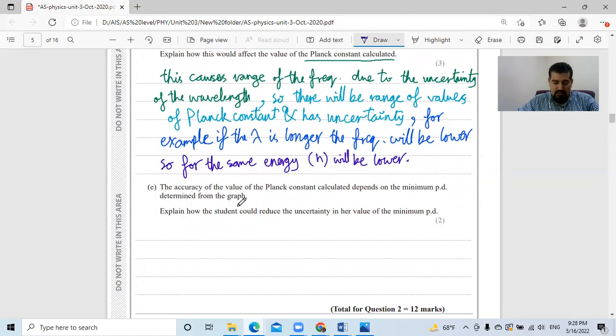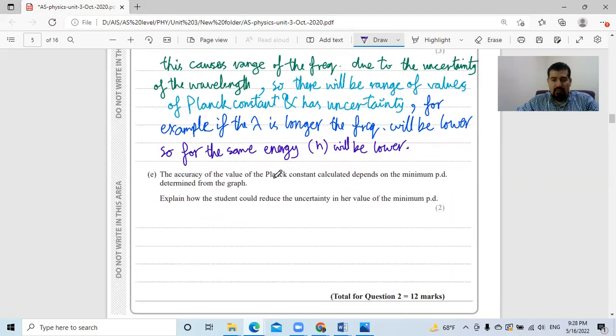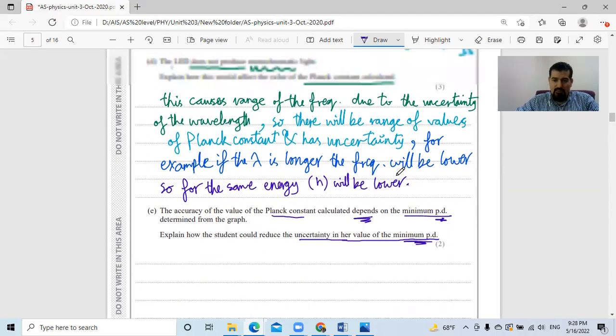No problem. In part E, sorry, the accuracy of the value of the Planck constant calculated depends on the minimum potential difference determined from the graph. Explain how a student could reduce the uncertainty in her value of the minimum potential difference. Now look here.